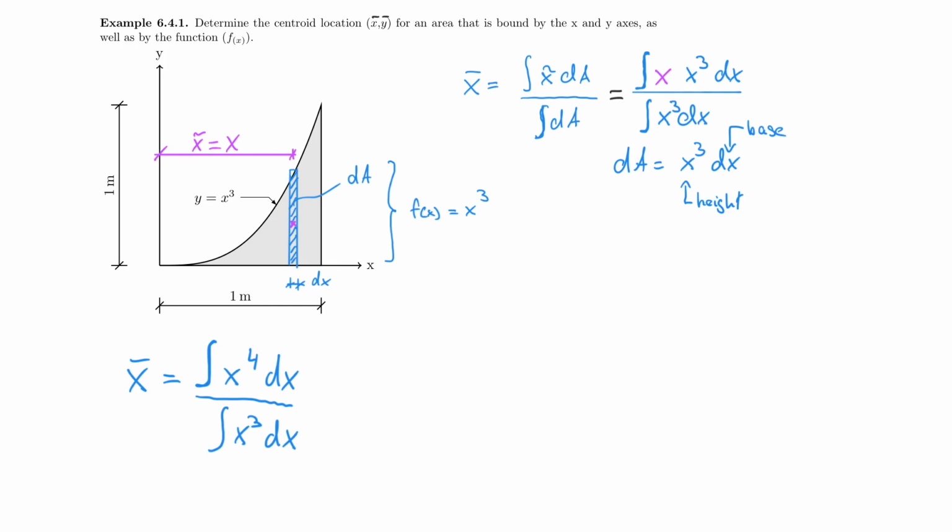So I need to do this from 0 to 1 and from 0 to 1. And now all I have to do is integrate this properly. If I integrate this, I get 1/5 x to the 5 from 0 to 1, divided by 1/4 x to the 4 from 0 to 1.